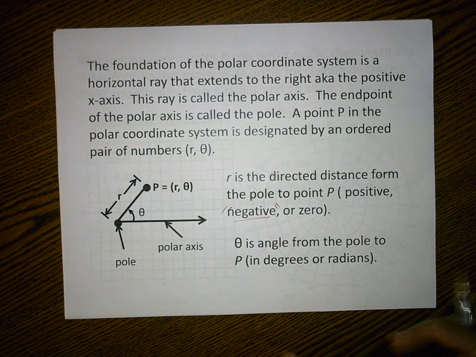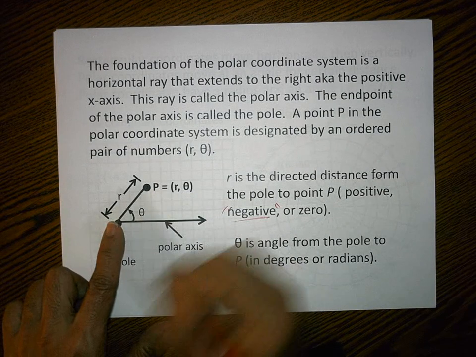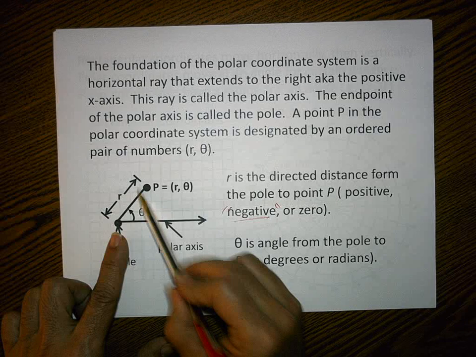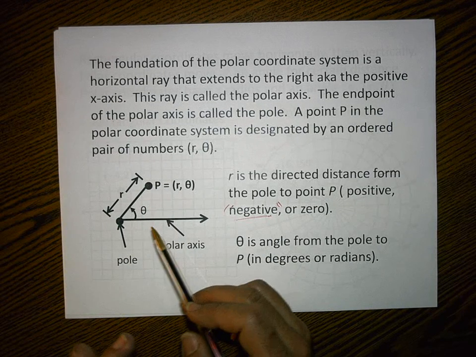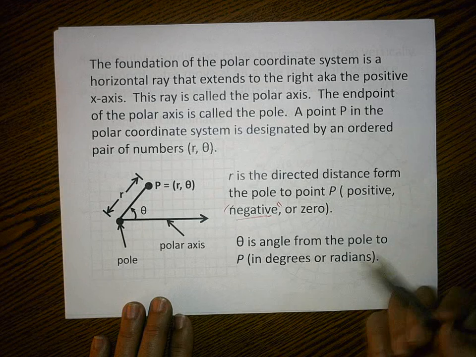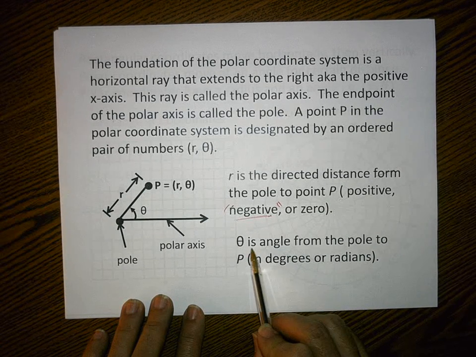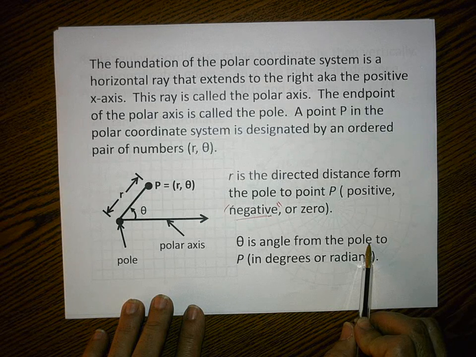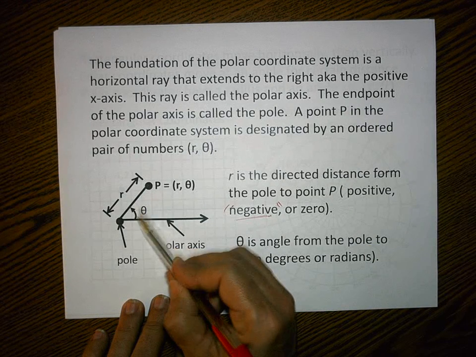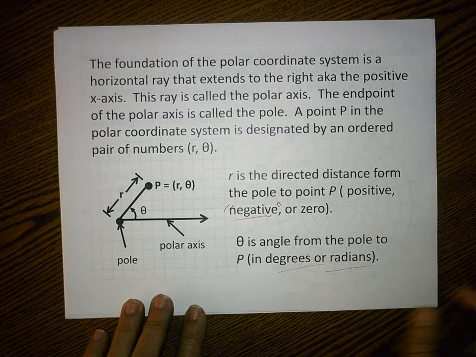When we're talking about circles, there's no such thing as a negative radius, but when we're talking about location, to identify a point P, we can refer to a negative radius as if it was a reflection. Try to think of it that way. Also, the angle theta is an angle from the pole to the point P, so we have to rotate, and it can be in degrees or in radians, and it can be positive or negative as well.